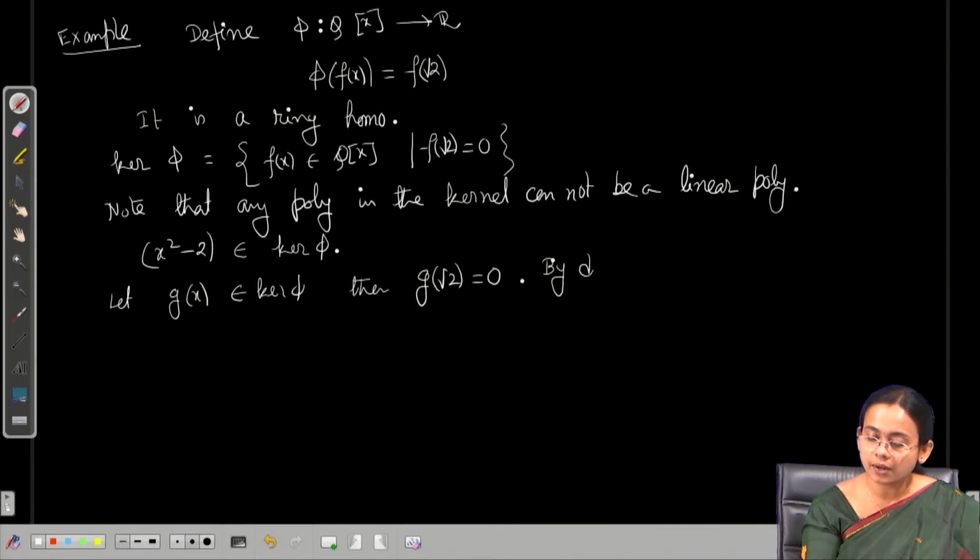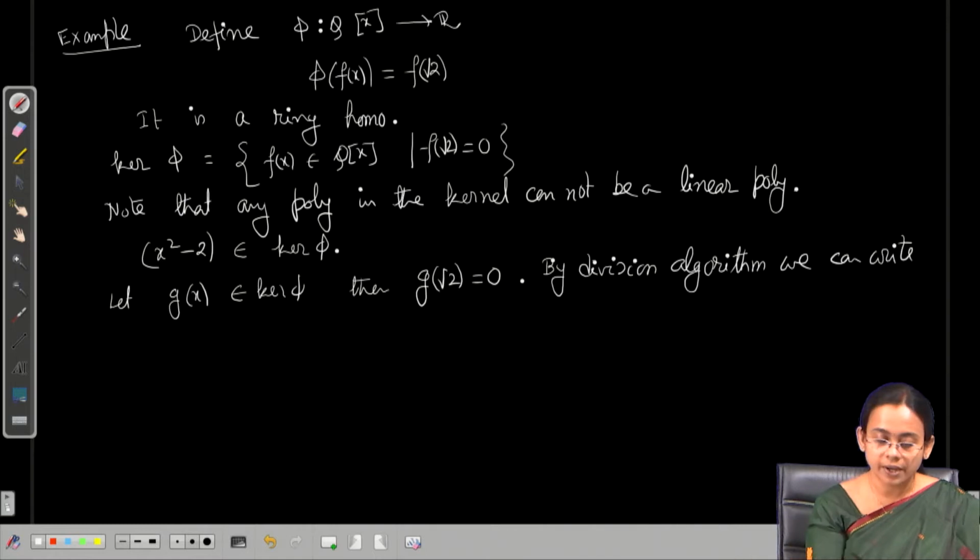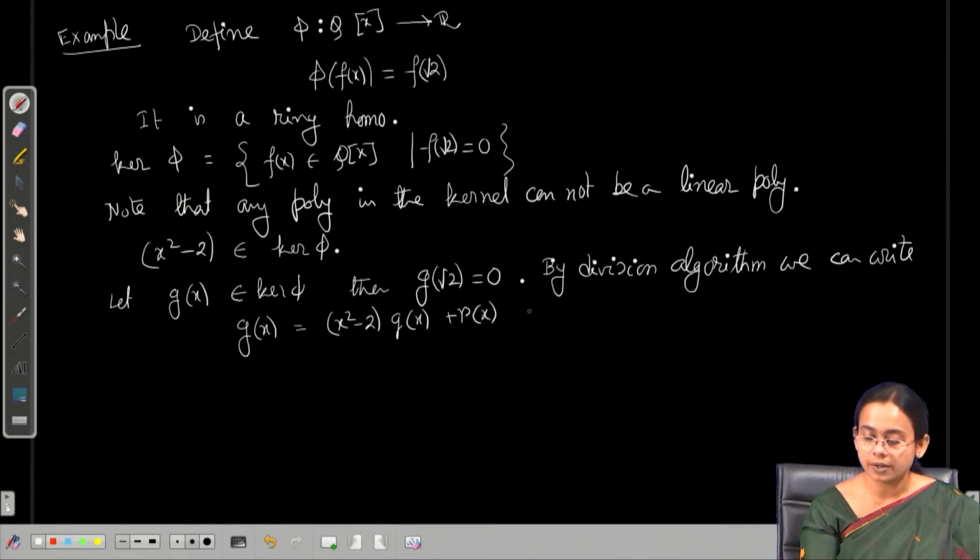By the division algorithm, we can write g(x) as a multiple of x square minus 2, say with q(x), plus r(x), where r(x) is the remainder term.